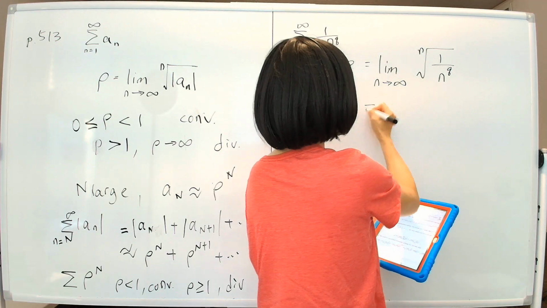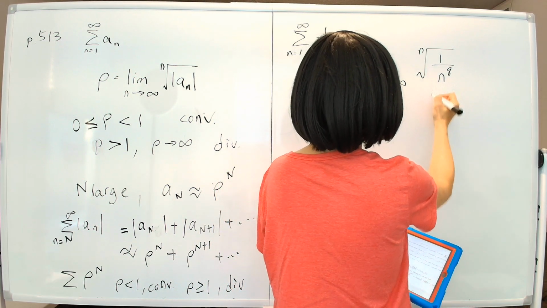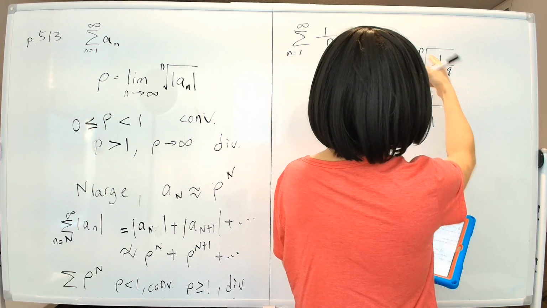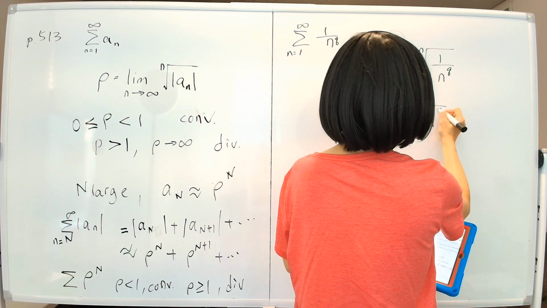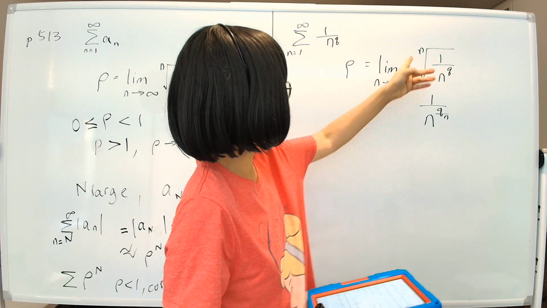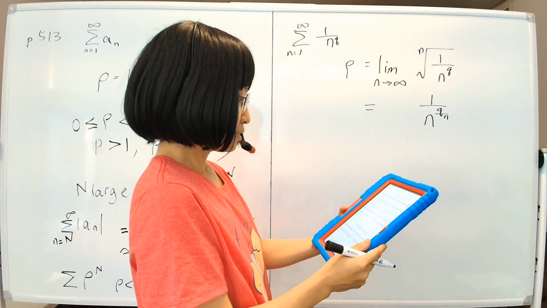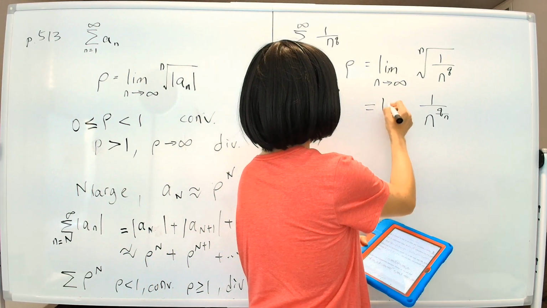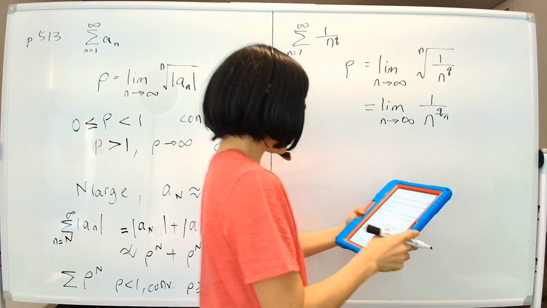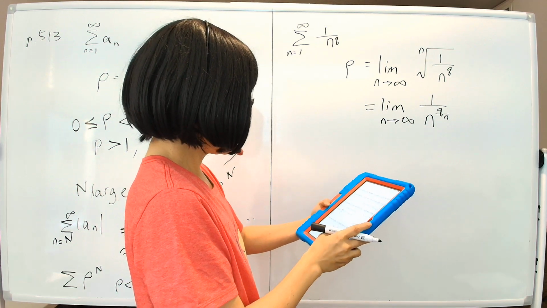When you do the algebra, that equals 1 over n to the power q over n. Because of the root, the root becomes the division, so there it is. And then we still have the limit as n goes to infinity. Now what happens to this limit?